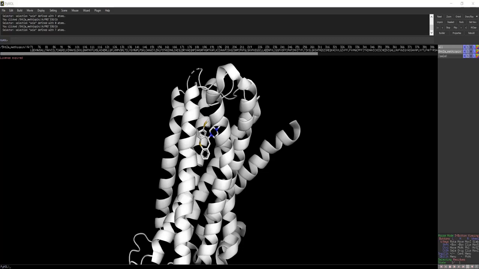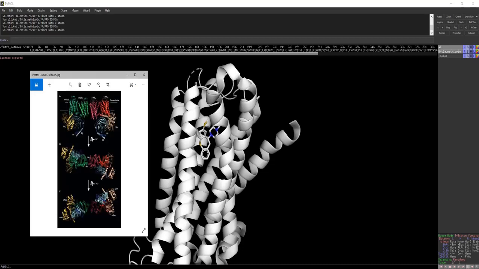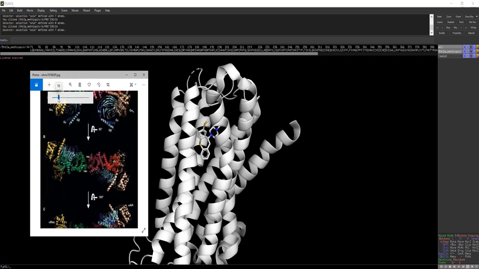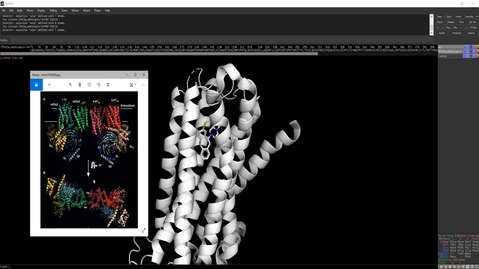For example, there have been computational studies done, let me zoom in on this, where it's been shown that this helix 4 is the site of heterodimerization with mGlu2. And this only occurs, based off these studies, in 5-HT2A, not 5-HT2C.